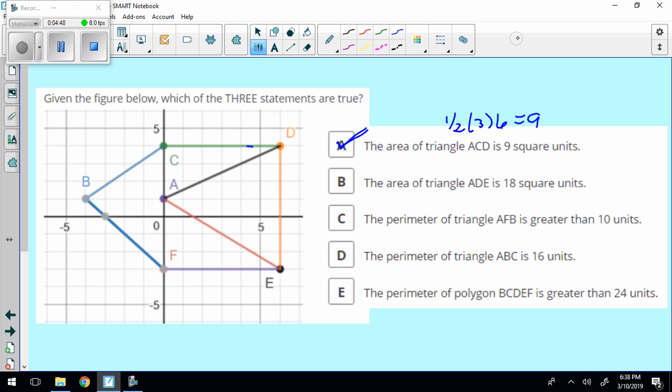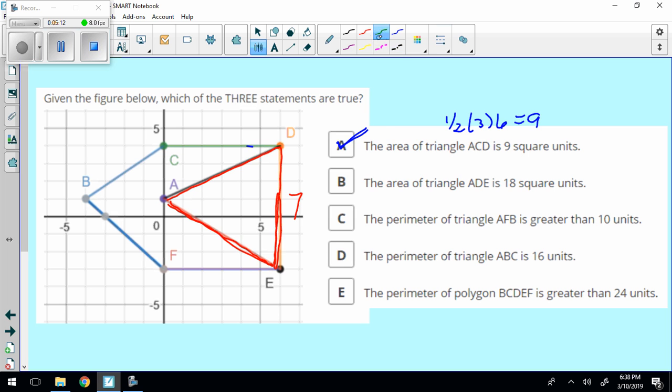In our second statement, it says the area of triangle ADE is 18. So we look at ADE, this triangle. Its vertical height is 1, 2, 3, 4, 5, 6, 7.